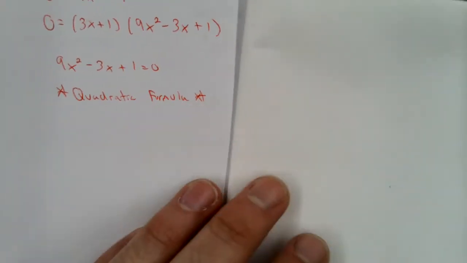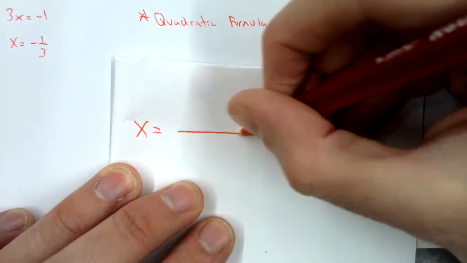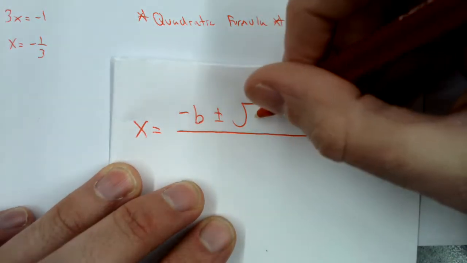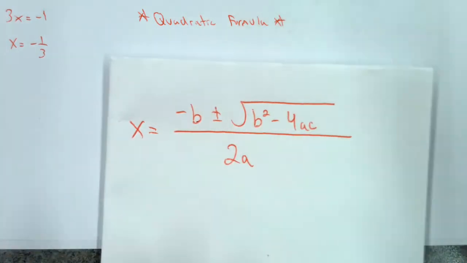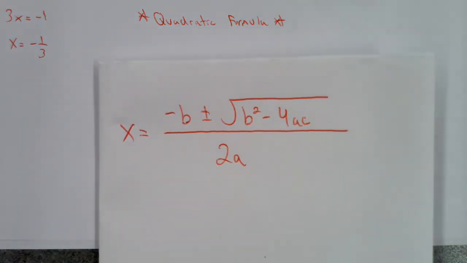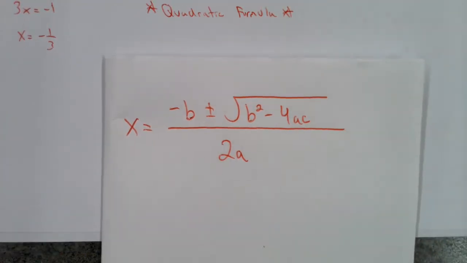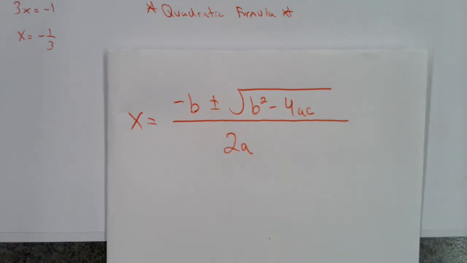So in case you forgot what that is, let me write that down over here. X equals opposite of b plus or minus the square root of b squared minus 4ac, all divided by 2 times a. So if you're at home today and you're watching the video, maybe copy down this formula somewhere, like pause the video and copy it if you need to.